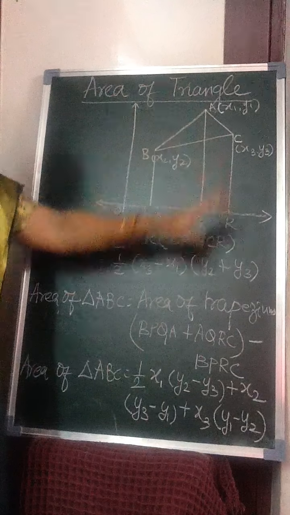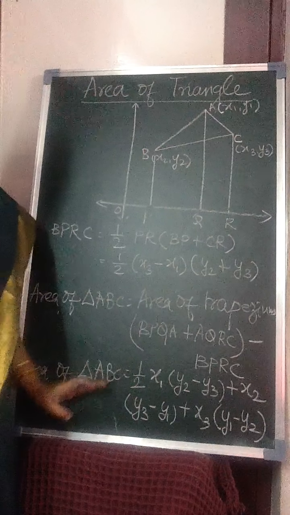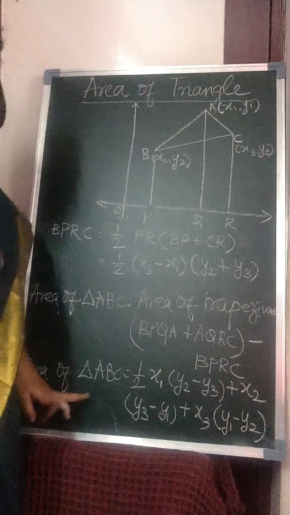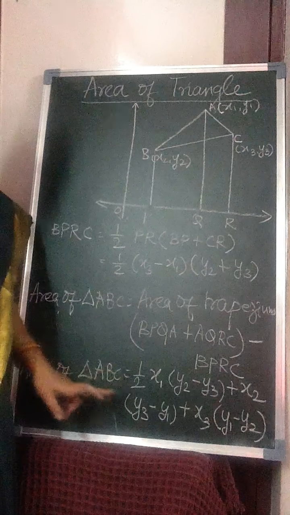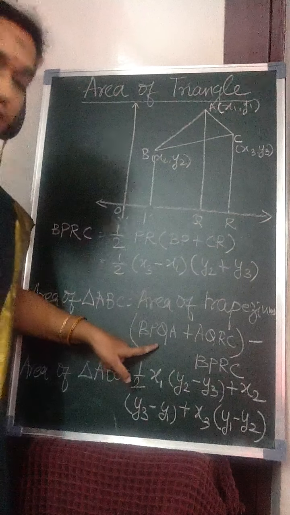So when you substitute all these points in this formula, the numerical value that you are getting, that is the area of the triangle ABC. So you will get that in square units. So all these things have to be substituted here.